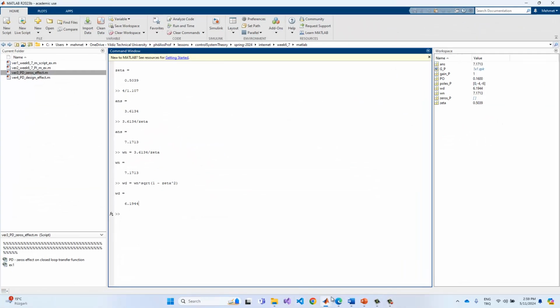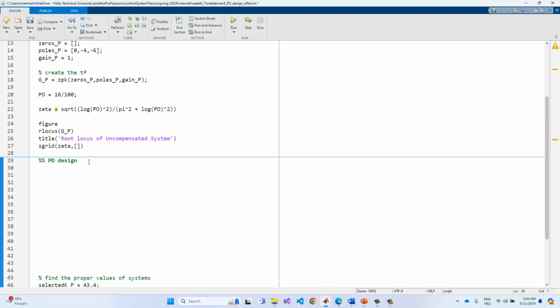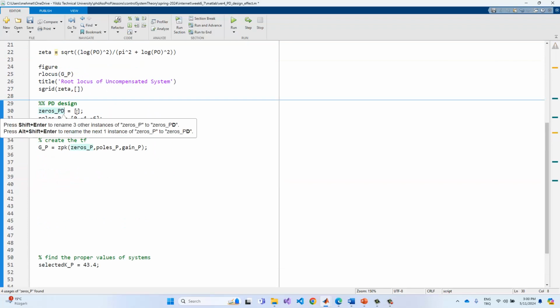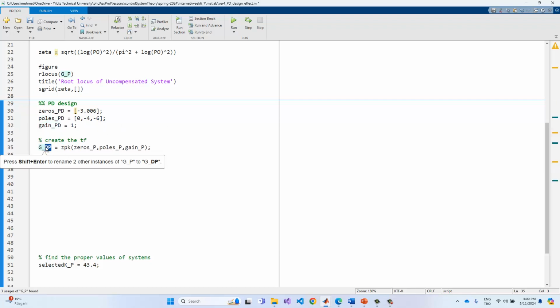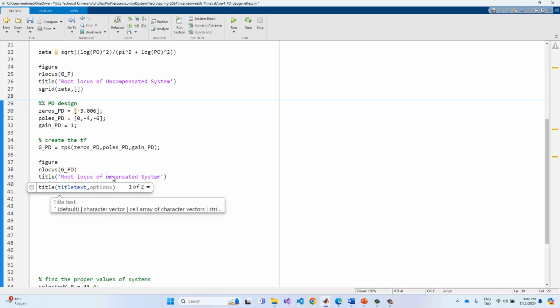If we know right now the location of the poles, the PD design can be built with these terms, okay? The PD, with the zero at minus 3.006, and we also need to figure out the whole of this PD, which is the compensated system, okay?